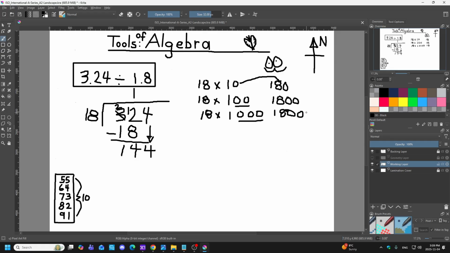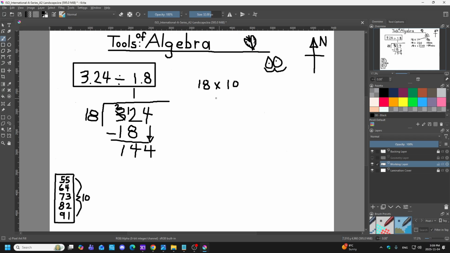You can make quick work of multiplying large 3, 4, 5-digit numbers. That is a quick tip. So in this case, 18 times 10 equals 180. This is the number we need right here.